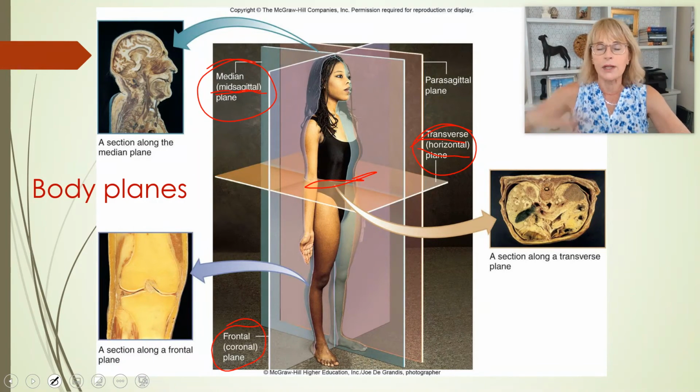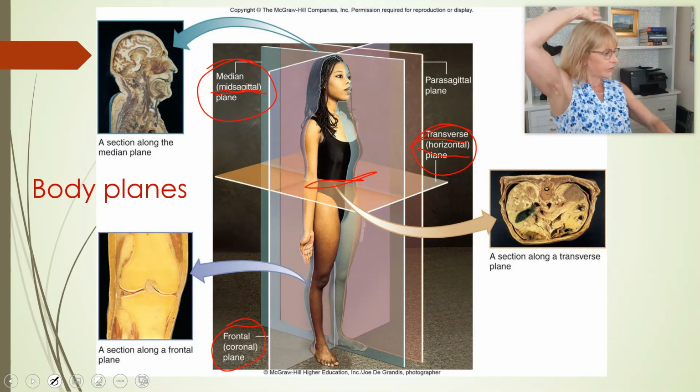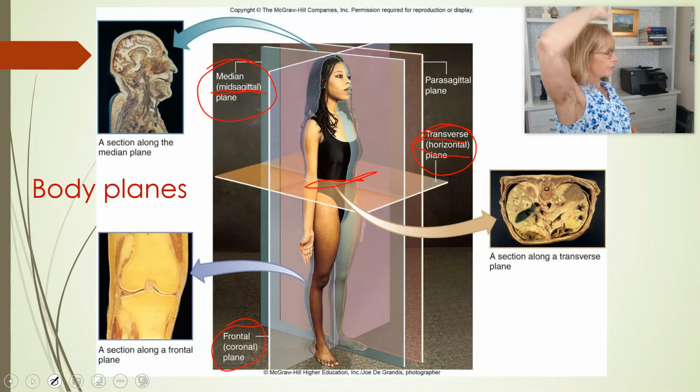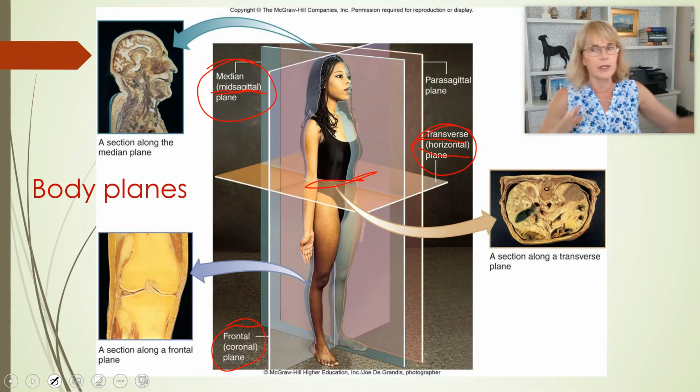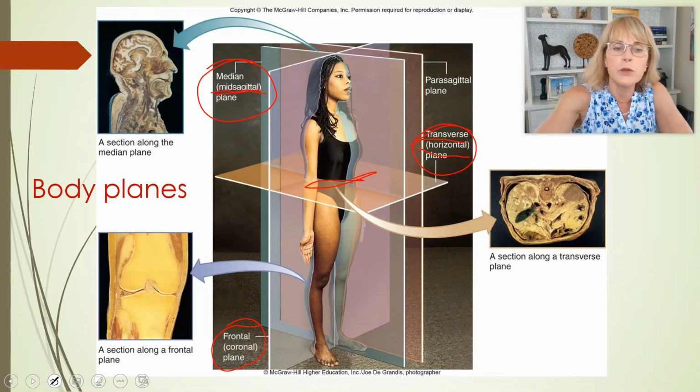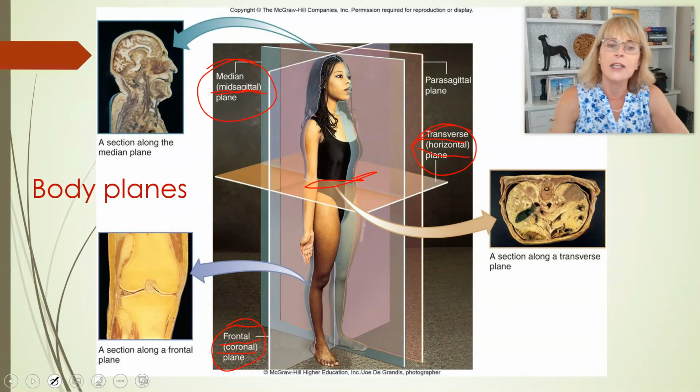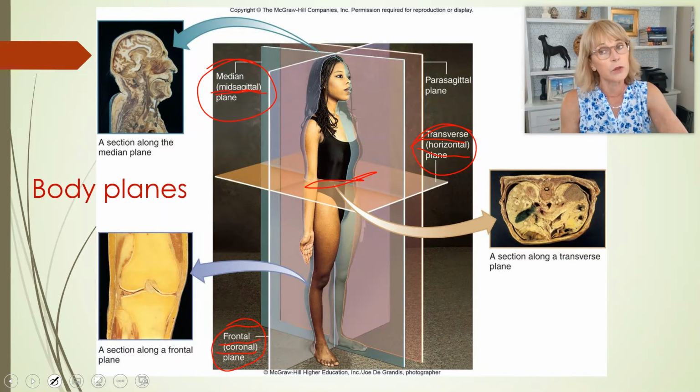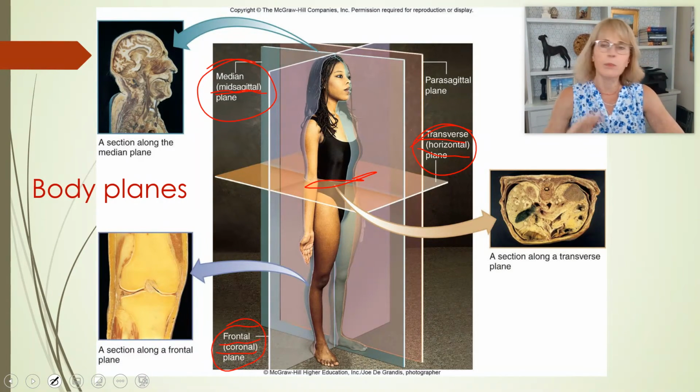And then the last one, they could slice me right down like this, so that there's a front piece and a back piece. If there's a front piece and a back piece, it's a frontal plane. It's also called a coronal plane, or a frontal section. All right, so those are your planes of reference.